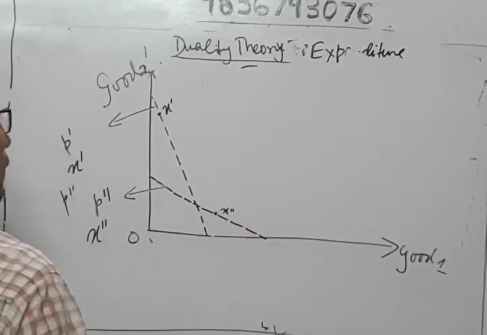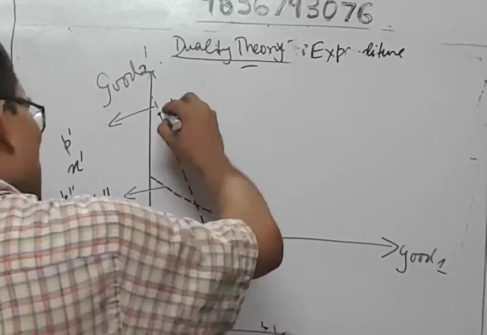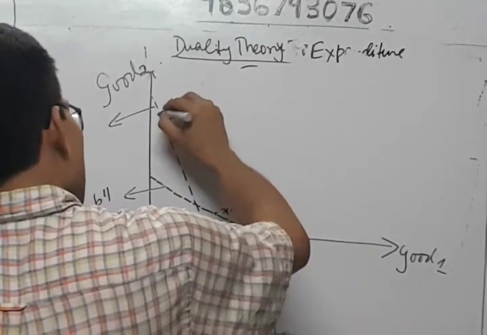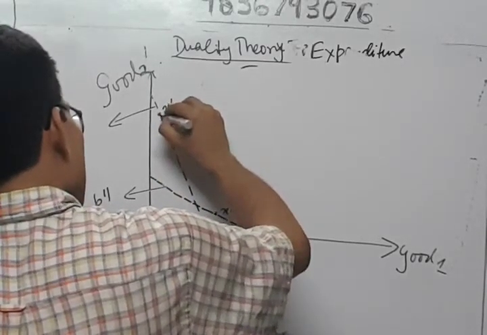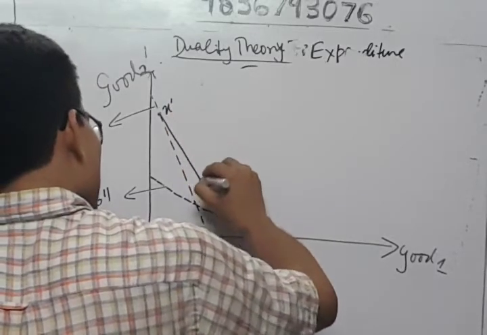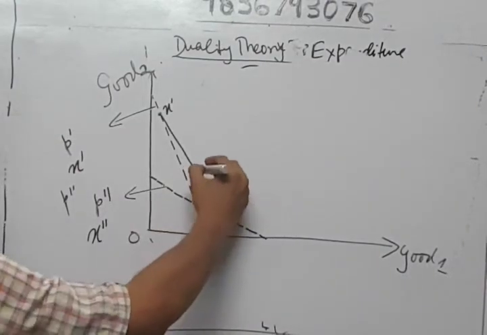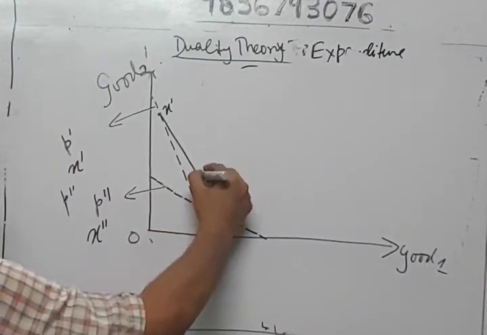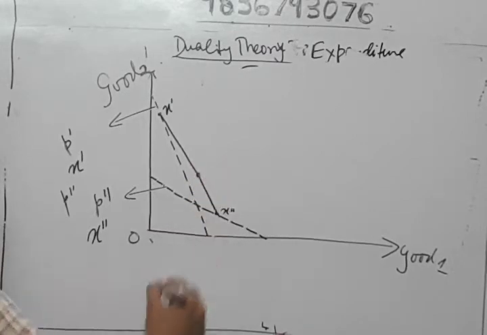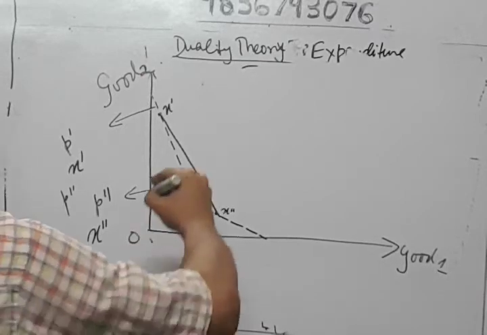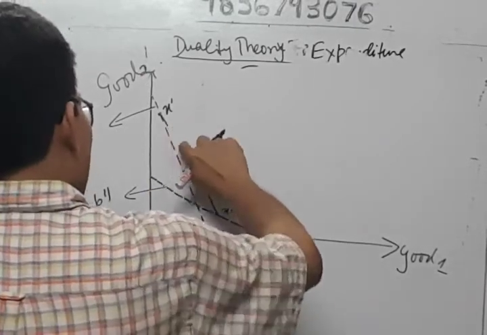Now, let's say we are joining these 2 points, and the consumption bundle X̄ now lies somewhere.